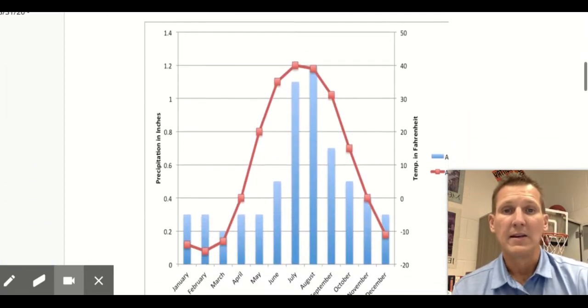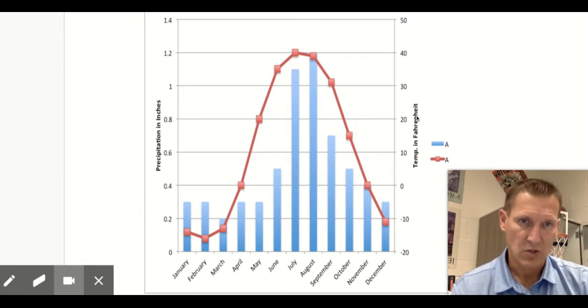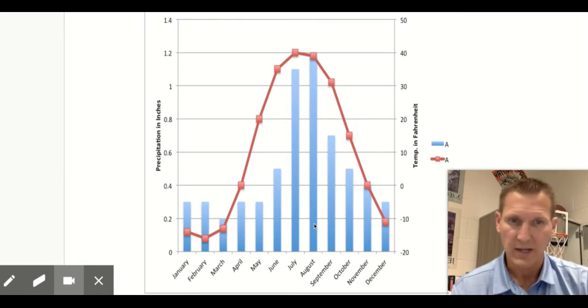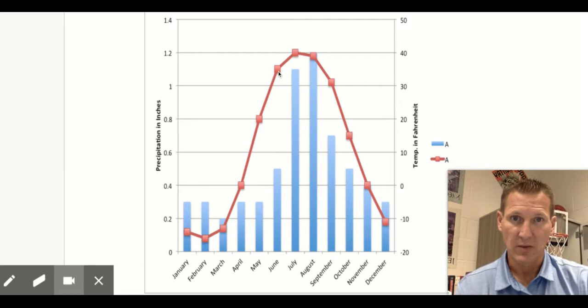Okay. Number 2. Let's take a look at the temperature first, and we'll see that the temperature is corresponding over here with the right side of the graph. We're talking lower than negative 10, and it gets all the way up to an average of 0 degrees here in April, shoots way up here in May to 20 degrees, and then we're getting all the way up over 30 degrees for a little while and then back down.